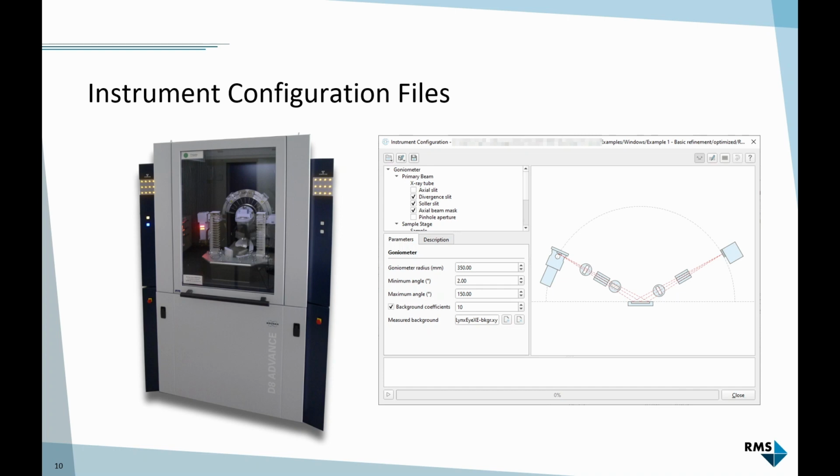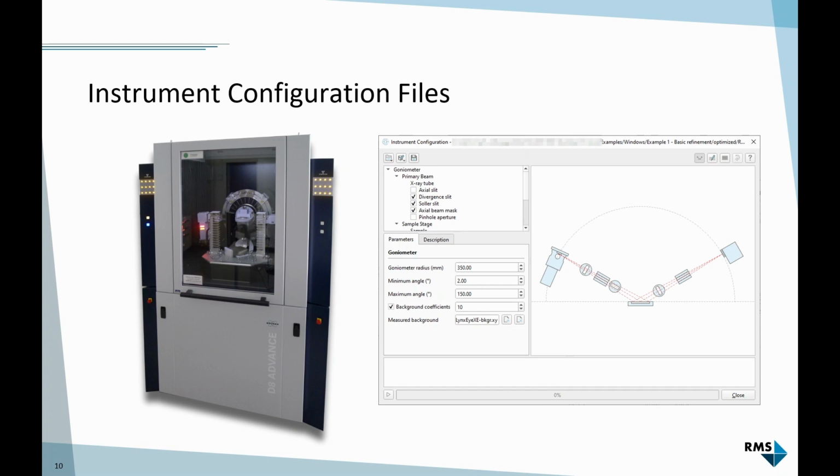As long as you don't change the configuration, you can use these configuration files coming with Profex for your refinements. But if you start changing apertures or anything like that, you will have to modify them. And if you leave this place and go somewhere else and find different instruments, different configurations, you will have to create your own instrument configuration files before you can use Profex.